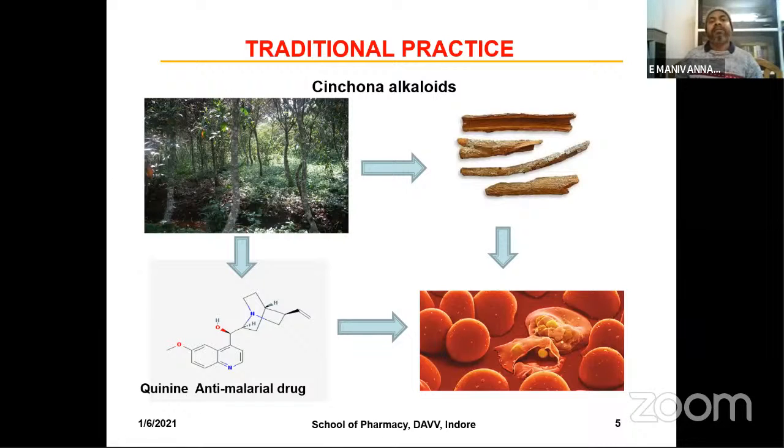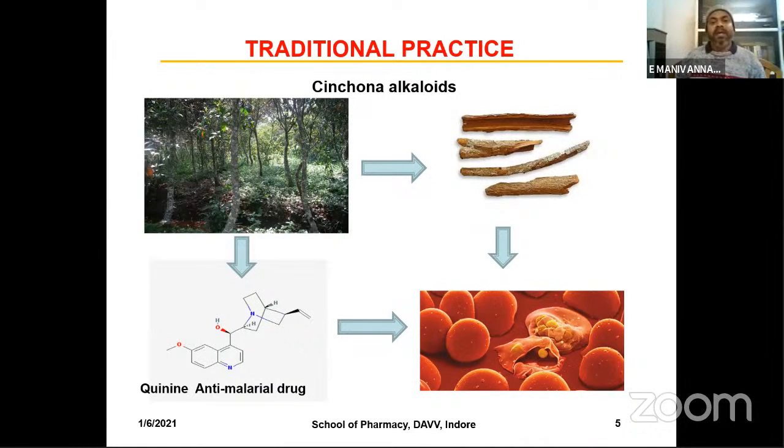Whenever mountain lions fell sick, they used to eat the bark of this cinchona tree and recover from the illness. So the South American Indians adopted cinchona bark eating, or prepared it like a decoction, a tea preparation, and whenever they felt sick they took this bark and recovered from the illness.